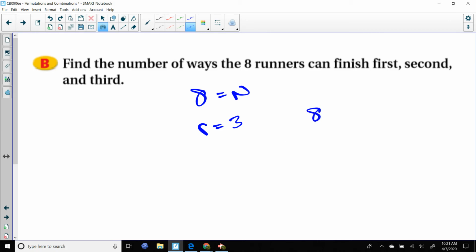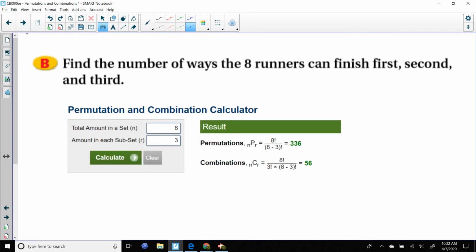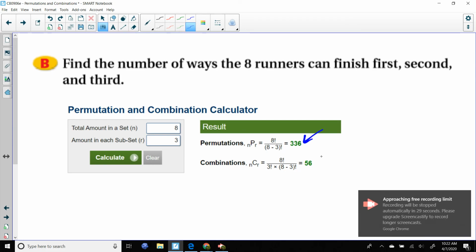So I have 8, 7, 6. There are 3 places. There aren't going to be more after that. And this would be your permutation. Okay, so if we go over to our handy dandy calculator and we plug that in, we put in our 8, we put in our 3, and we end up with 336. If we were doing a combination, it would be 56.